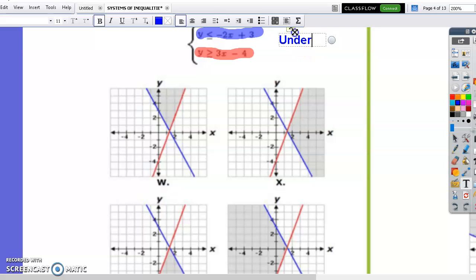So blue line, you're shading under, and your red inequality is greater than or equal to, so greater than or equal to, you shade over.